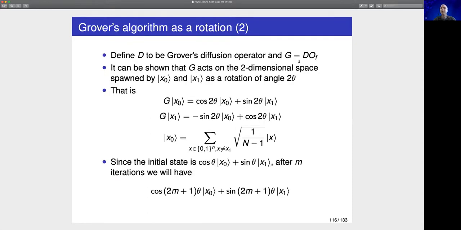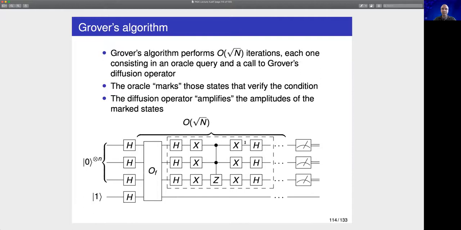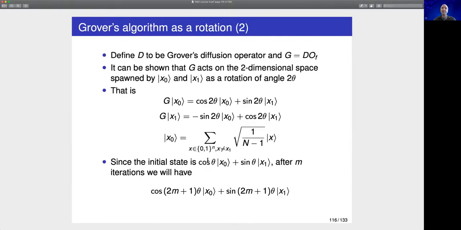Now, if we study the unitary transformation that is the composition of this oracle and this part of the circuit, this diffusion operator, then we can easily see, well, not so easily, but it's just algebraic manipulation. You can find this in John Watrous' lecture notes, very well explained. You can find that, in fact, this is acting like a rotation of angle 2 theta on the two-dimensional space that is spanned by x0 and x1.